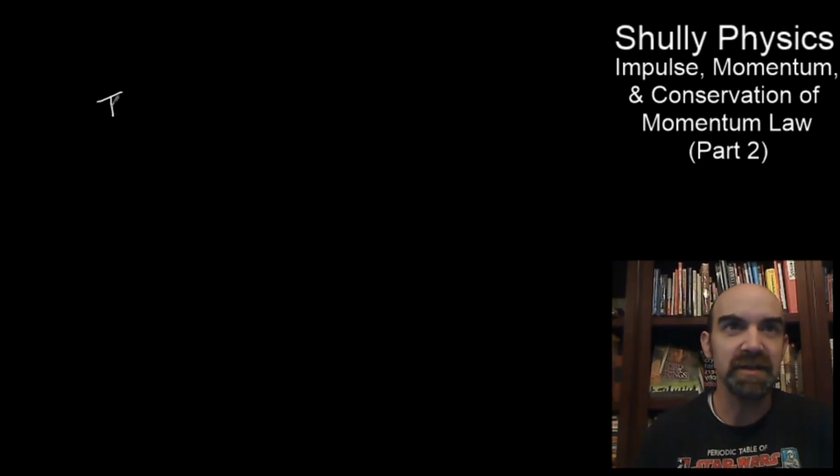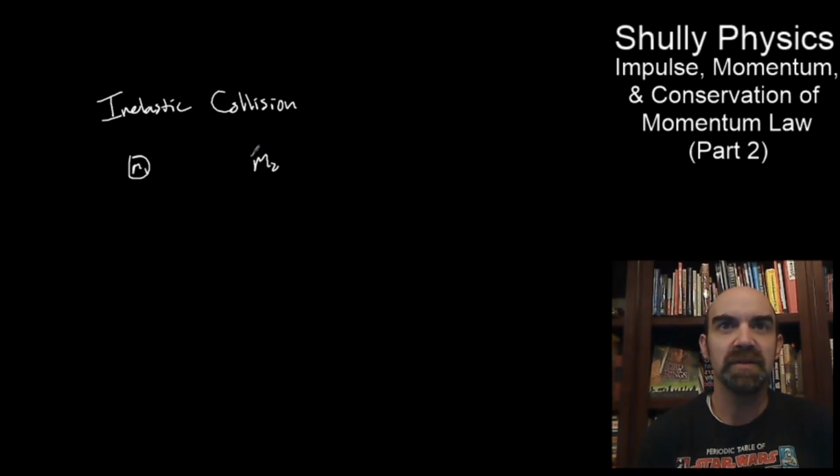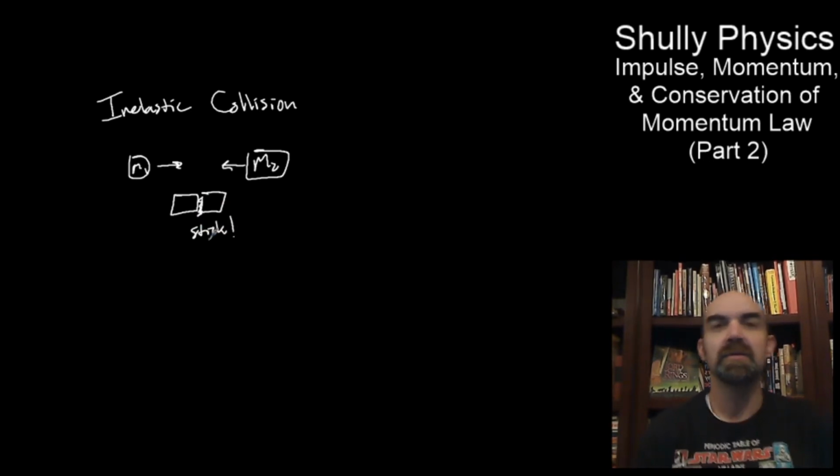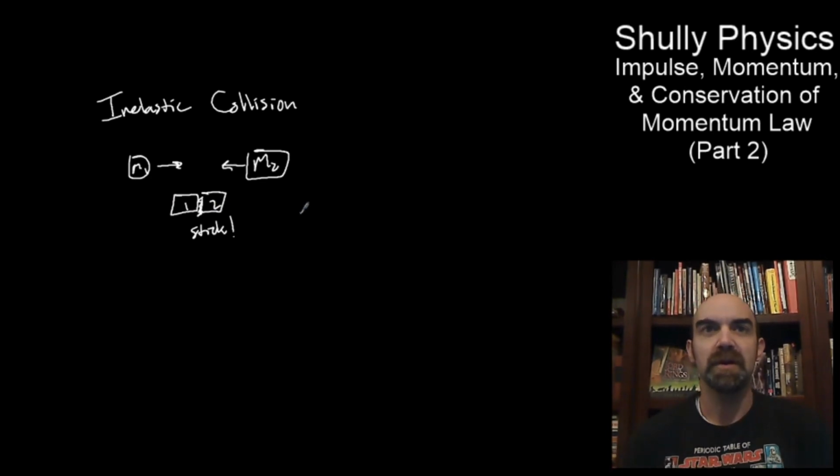So let's say we've got an inelastic collision. That means mass 1 and mass 2 are going to come together and they're going to stick. This is 1 and 2. All right? As opposed to an elastic collision.